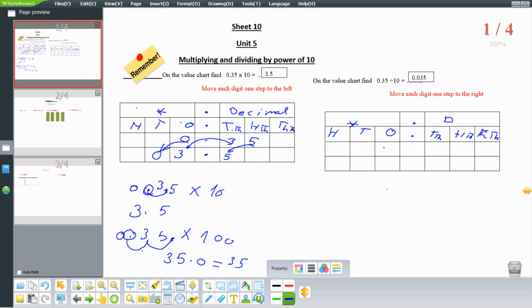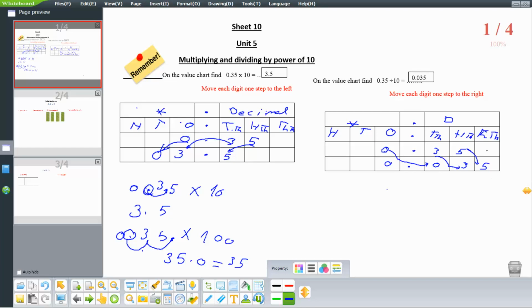Let's write the number 0.35. In division, we are going to move the number to the right. Okay, let's move it. So 0 will be here, and the decimal point as it is, and 3 will be here, and 5 will be here. So it will be 0.035.